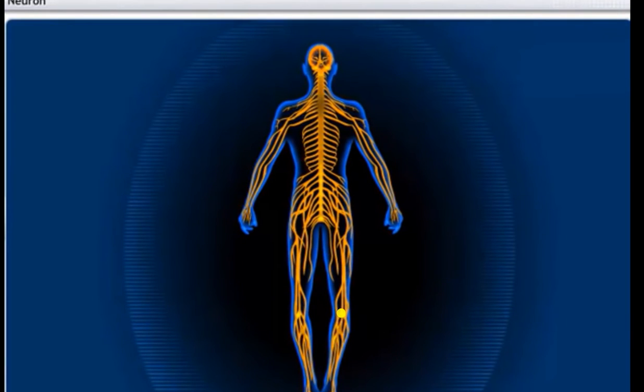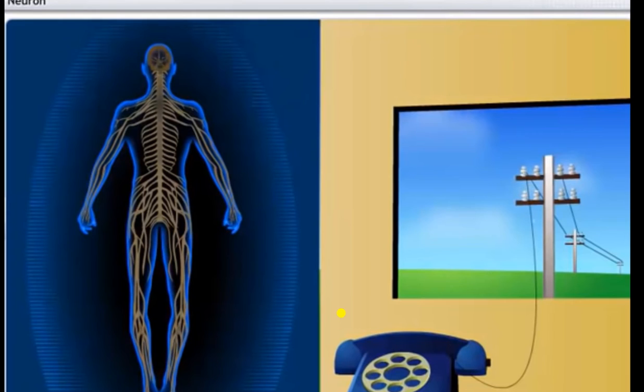Nerves are seen as thin threads that emerge from the brain and spinal cord and branch out to all parts of the body. Nerves carry messages back and forth similar to telephone wires.